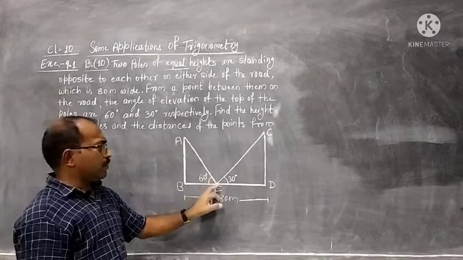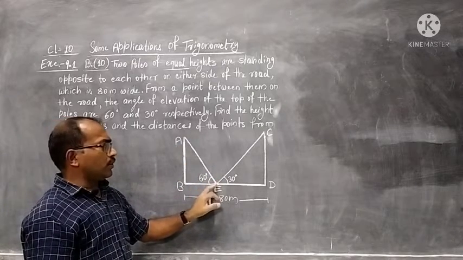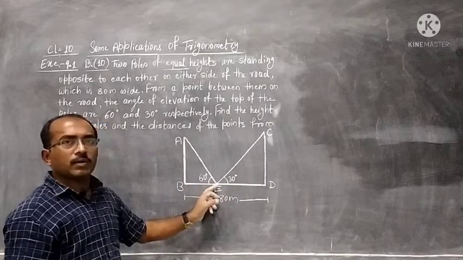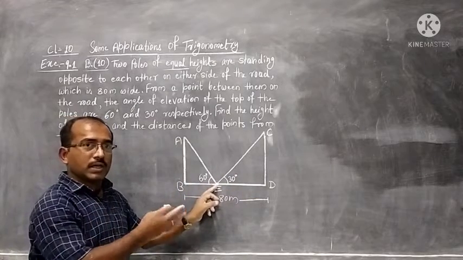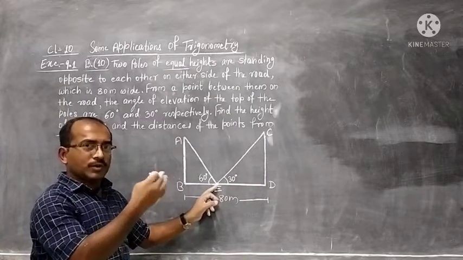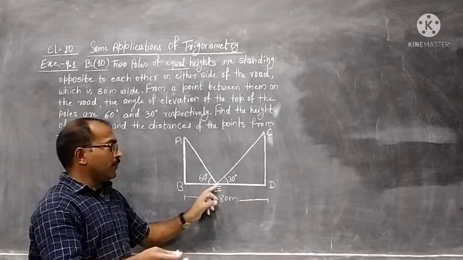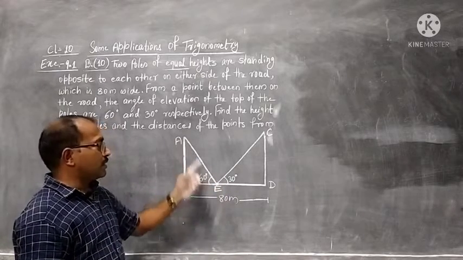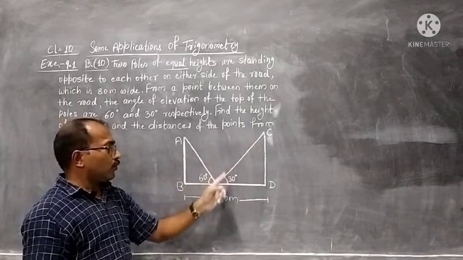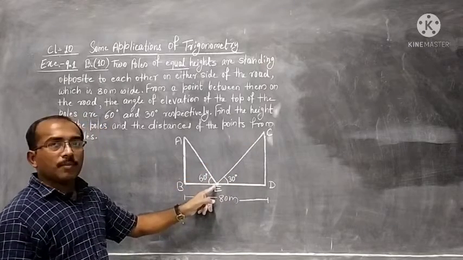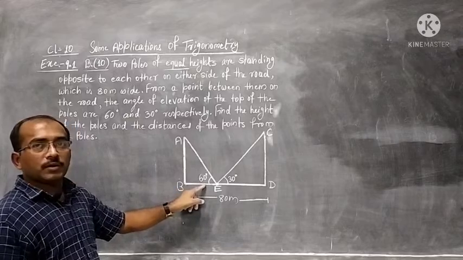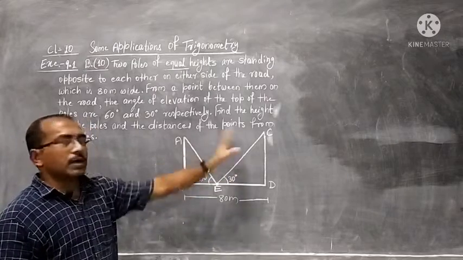And this position of the point on the road, compared to the other pole, is far. Suppose we do not know the exact position, we will read the question and know more about that. We are just not talking about angles. Why did we take 60 degree elevation for this pole and 30 for the other? Because we have marked this point closer to this pole, so the angle will be bigger, and far from the other pole, so the angle will be smaller.